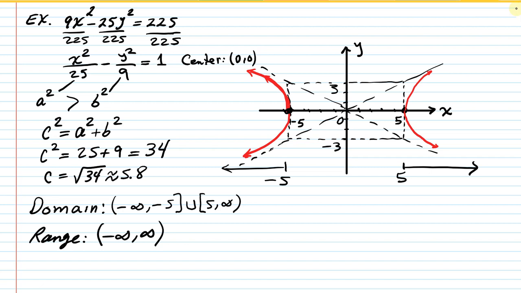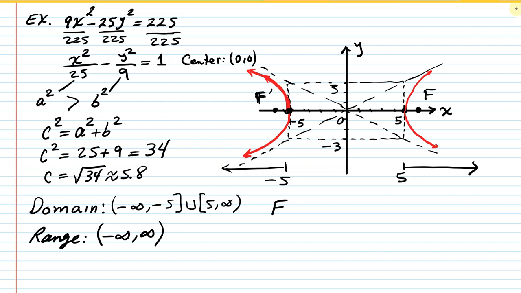But parabola and hyperbola, they're not closed figures. All right, so we got the domain, we got the range. Let's do the foci now. The foci is going to be in front of the vertex, so call this F. In front of the vertex, call it F prime.